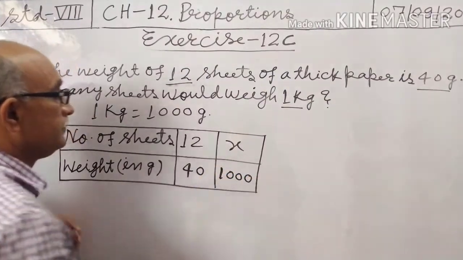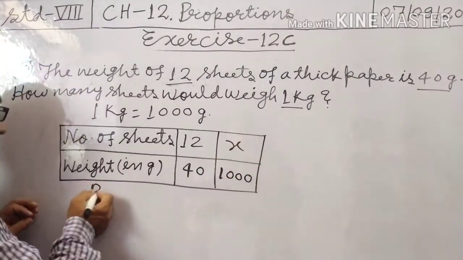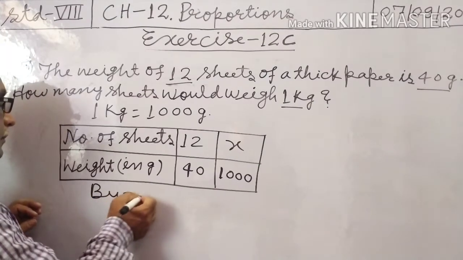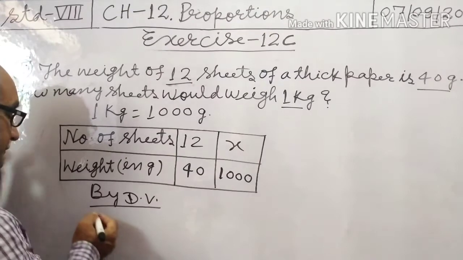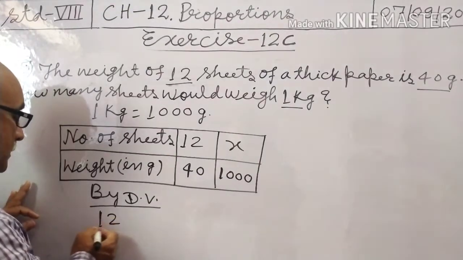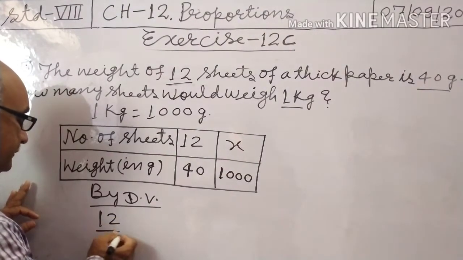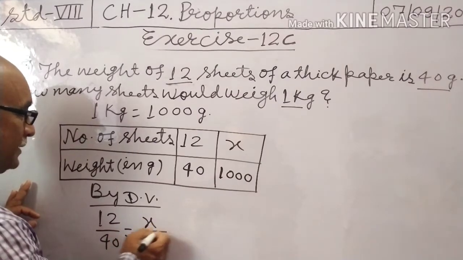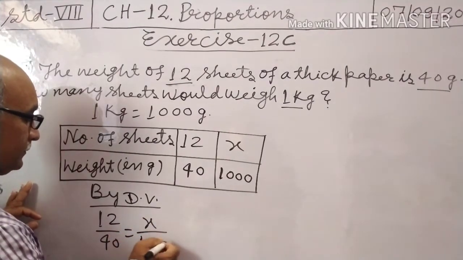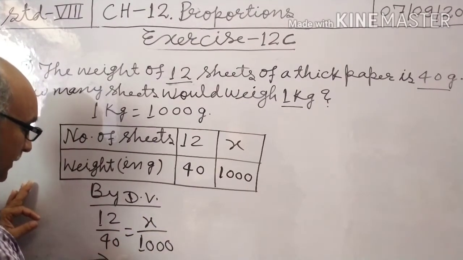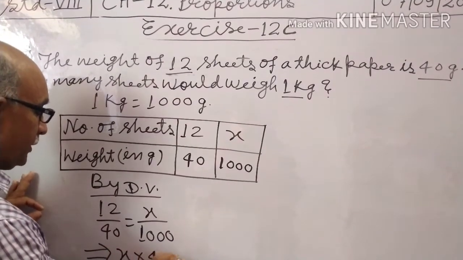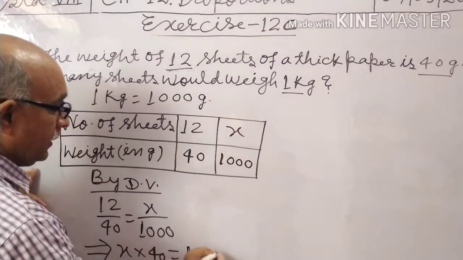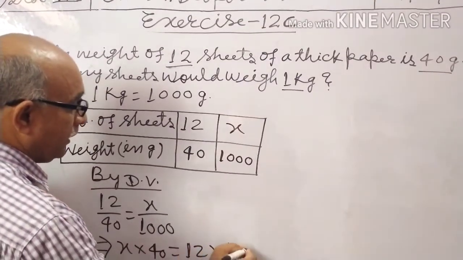By direct variation, 12 by 40 equal to x by 1000. By cross multiplication, x into 40 equal to 12 into 1000.